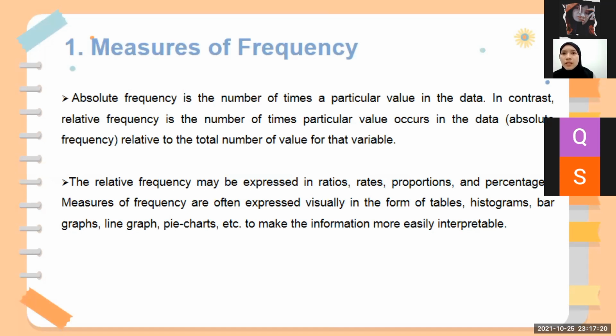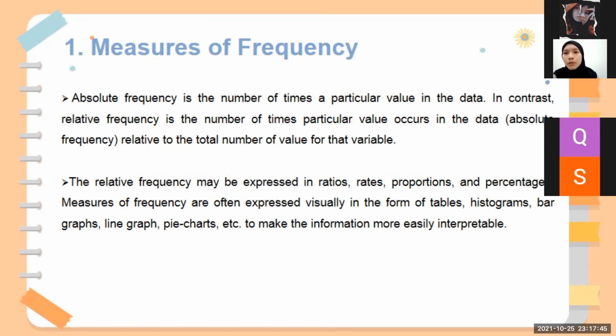Here, measures of frequency. Absolute frequency is the number of times a particular value occurs in the data. In contrast, relative frequency is the number of times a particular value occurs in the data, or absolute frequency, relative to the total number of values for the variable.